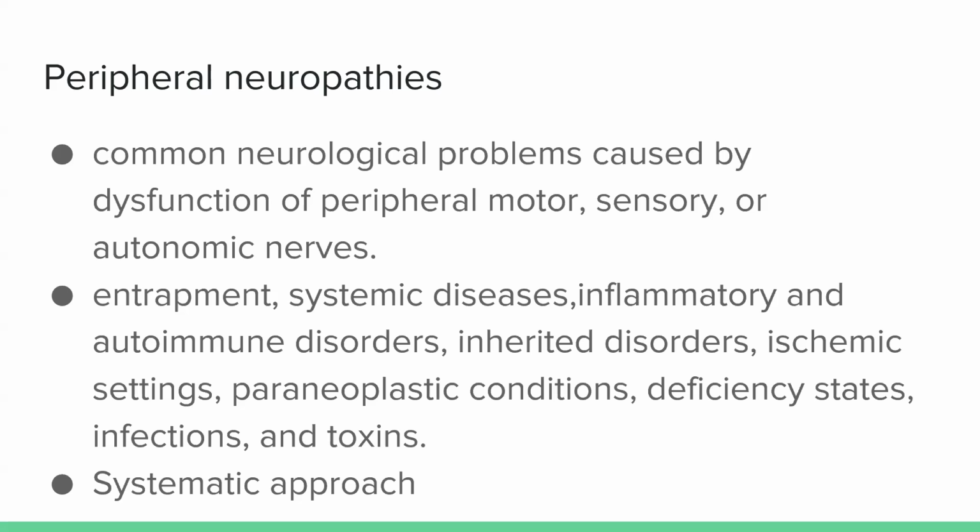As such, we need a logical and systematic approach to narrow down our diagnosis and get to the treatment. We need a detailed history, a detailed physical examination, if possible detailed electrophysiological exams, with or without ancillary tests to reach our diagnosis.